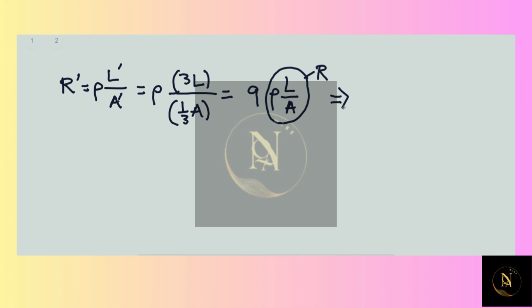So the new resistance, the resistance of the stretched wire, is 9 times the initial resistance of the unstretched wire.